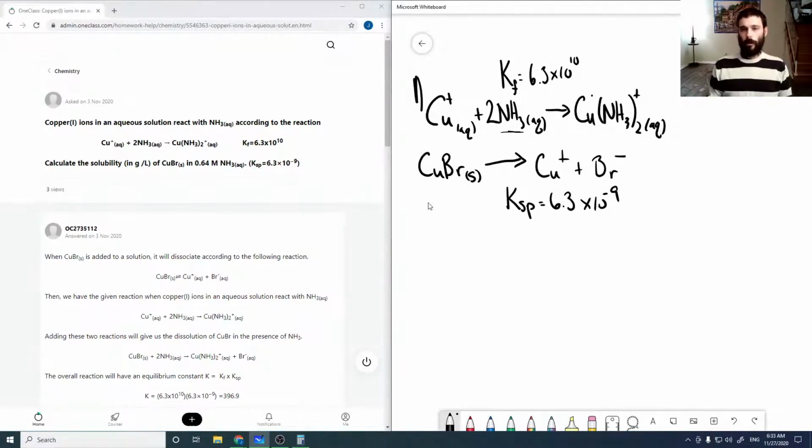All right, so what's going to happen here is the copper bromide is going to separate, and then the copper ions are going to react with NH3 to give us copper ammonia. So the best thing to do to start is just to sum these reactions to get our total reaction.